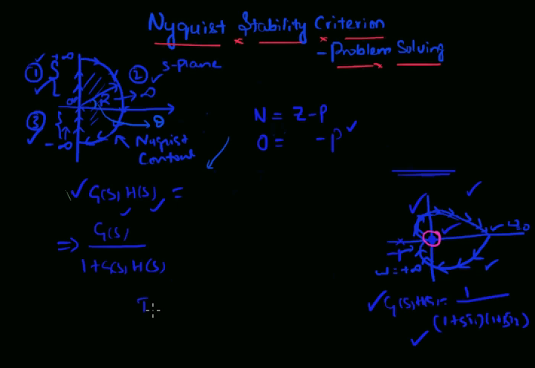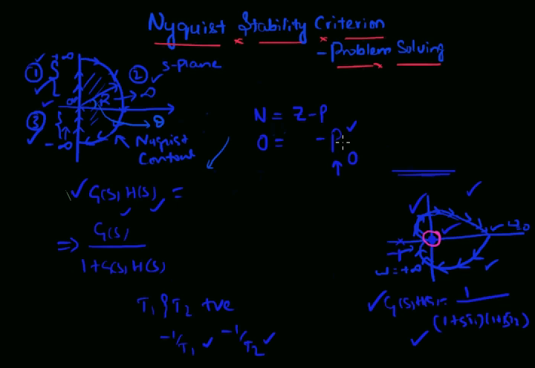Assume t1 and t2 are positive values. Then the poles of this g of s h of s are minus 1 by t1 and minus 1 by t2. These two values are in the left half of the S-plane, so these two poles are not covered by this Nyquist contour. As a result, the number of poles is 0.